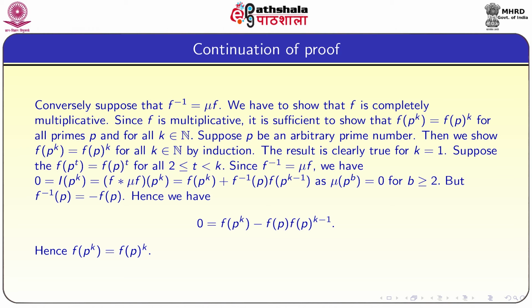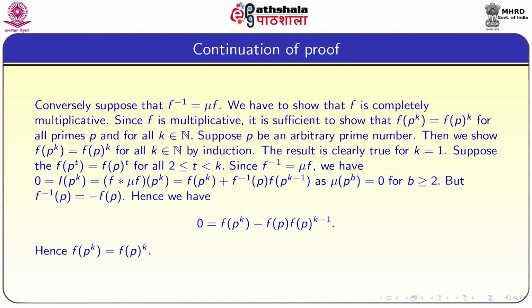So, the result is clearly true for k equal to 1. Suppose that f of p power t is equal to f of p power t for all 2 less than or equal to t less than k. Since f inverse is equal to mu f, we are already assuming, we have that 0 is equal to I of p power k, which is equal to f star mu f of p power k.